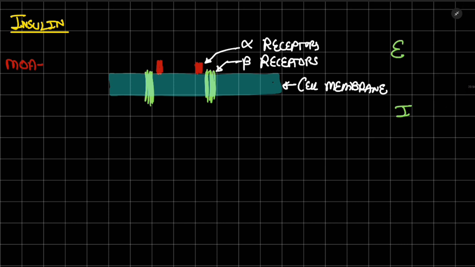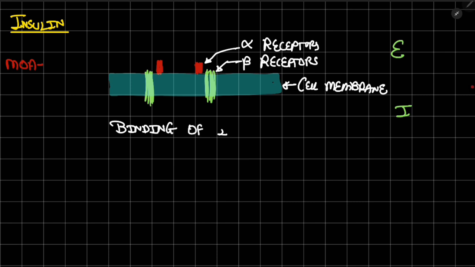Now at first insulin comes and binds to the beta receptors. Beta receptors are transmembrane proteins that have tyrosine kinase activity. Let's draw the flow chart for the mechanism of action.